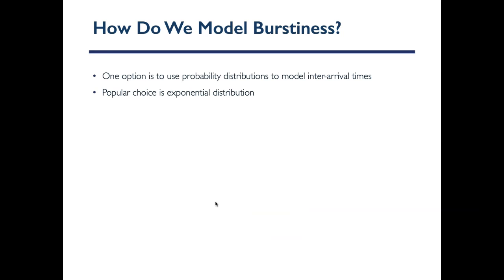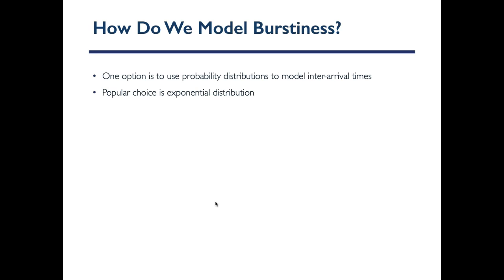I can define that as a random variable. So sometimes it's 0, right away another customer comes. Sometimes it's 10 seconds, sometimes it's 5 seconds. And then I can define a distribution. What is the probability that it takes 10 seconds for the next arrival to come? What's the probability that it takes 20 seconds? What's the probability that it takes 1 second?